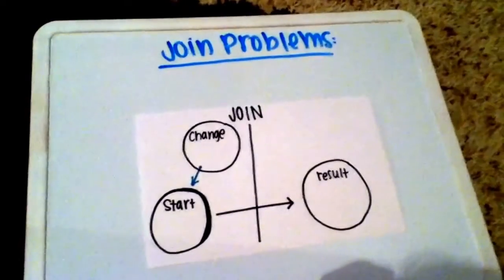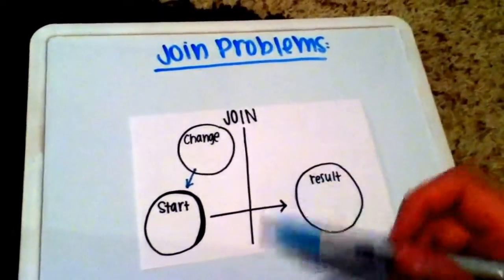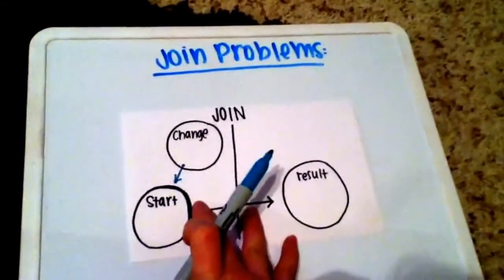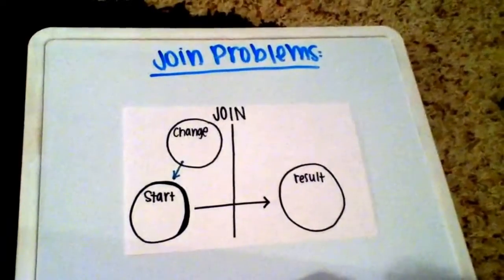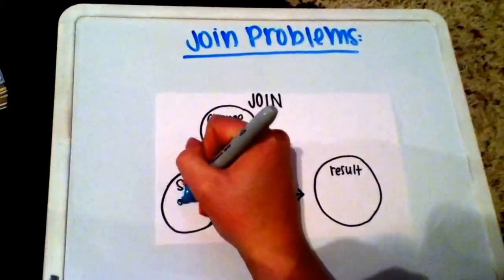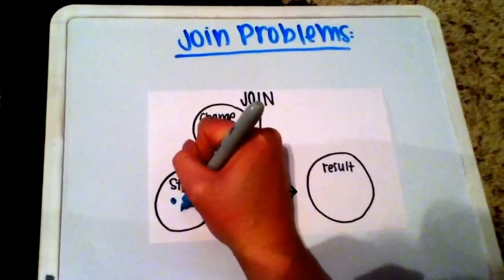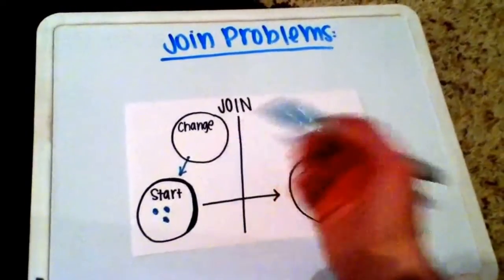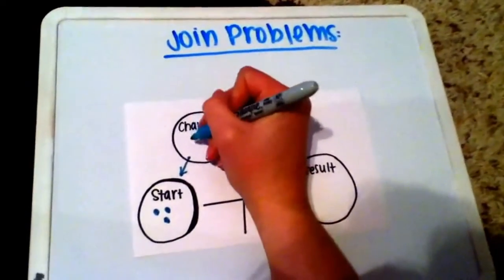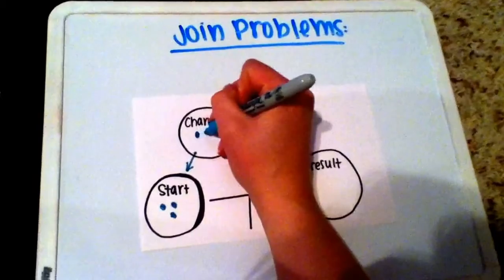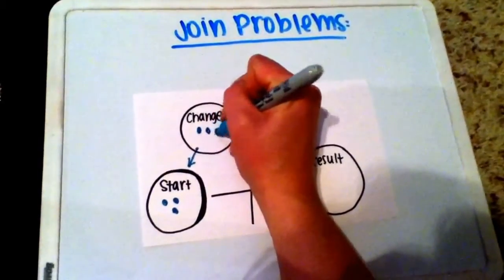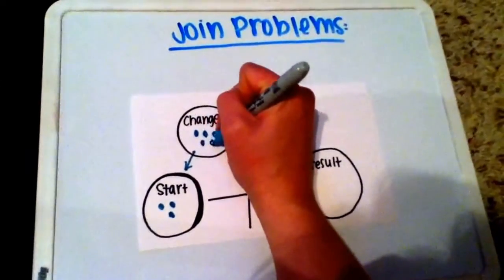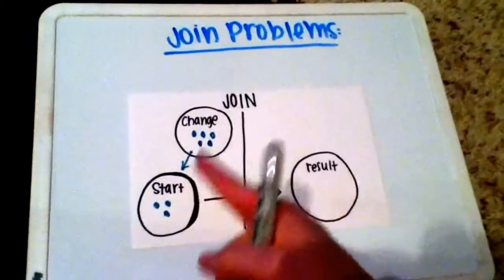Now we're going to do an example using this join structure diagram. So let's say that Molly had 3 cookies. So Molly is starting with 3 cookies. So we have 1, 2, 3. Now let's say Billy is going to give Molly 5 cookies. So the change right here is going to be 1, 2, 3, 4, 5. Now since it's a join problem, that means we're going to be adding.